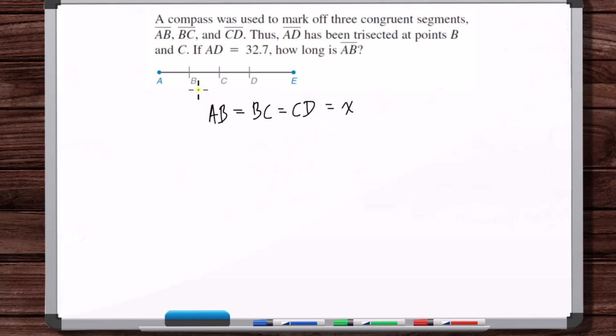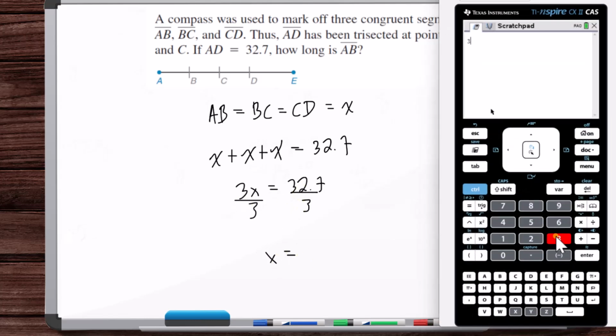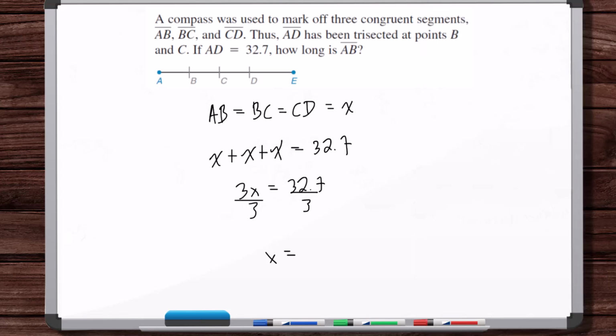If we call this x, then x plus x plus x is equal to AD. It just told us that AD is 32.7. So 3x is equal to 32.7. So x is 10.9. That's the length of AB, BC, and CD.